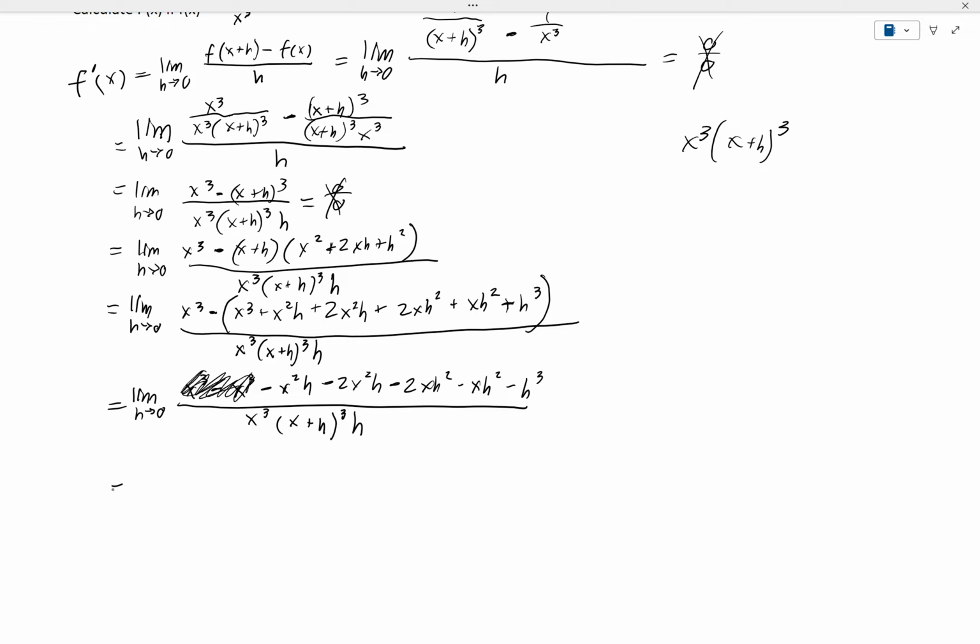Let's combine some of these terms to make it a little easier to look at. So minus something, minus 2 of something, that should give us minus 3 of something. Same thing with this, negative 2 and negative 1 should give us minus 3 of whatever this is. And then we just have this h to the third on the end.